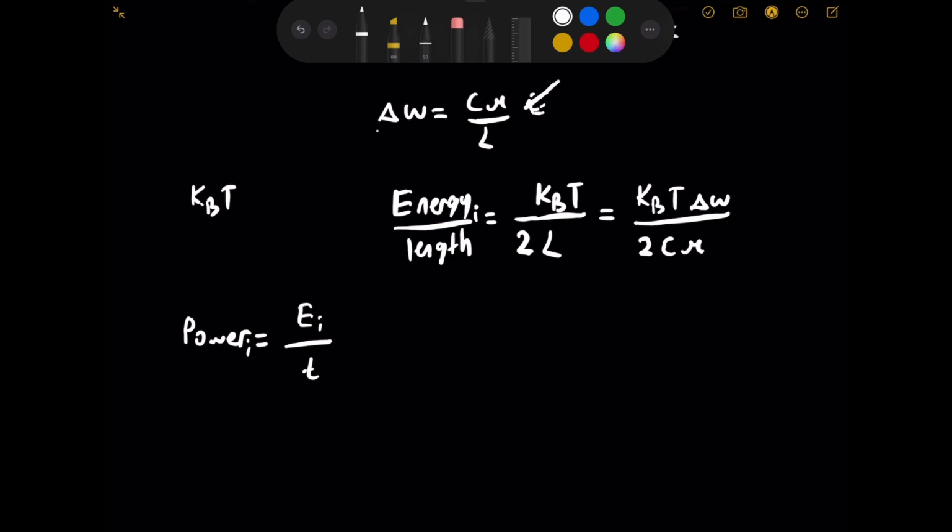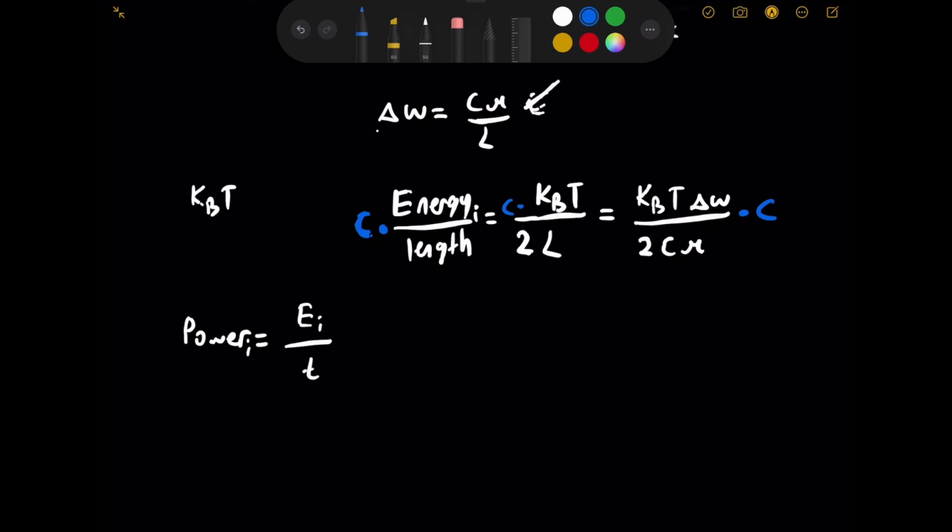Now we have energy per unit length, okay? So if I just multiply this by c on both sides, that's good. Because c has units of length over time, that's going to cancel the length, and we're going to have energy per time.